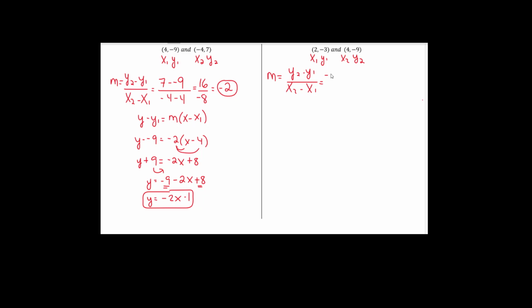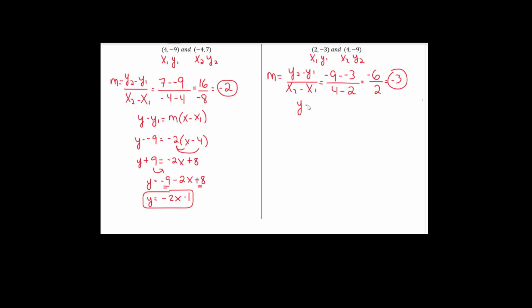So this would be negative 9 minus 3, and on the bottom 4 minus 2. So negative negative becomes a positive, so it'd be negative 9 plus 3, which is negative 6. And on the bottom 4 minus 2 is 2. So that would be equal to negative 3.